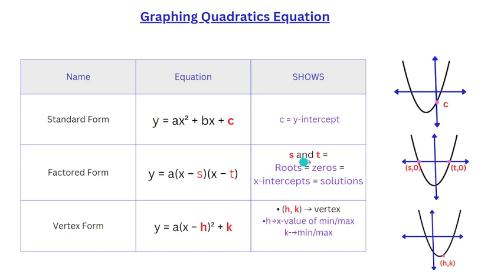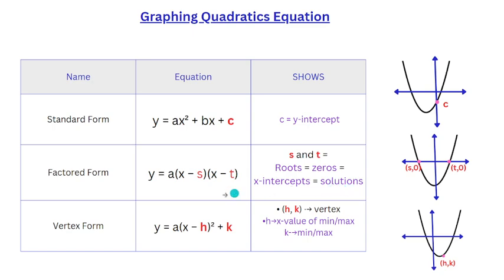First, to get s and t. And s and t, they are the roots and they are the zeros. They are the x-intercept and they are the solution. These all words have the same meaning. The roots is the zeros, is the x-intercept, is the solutions.